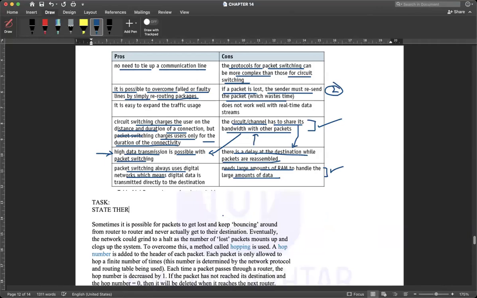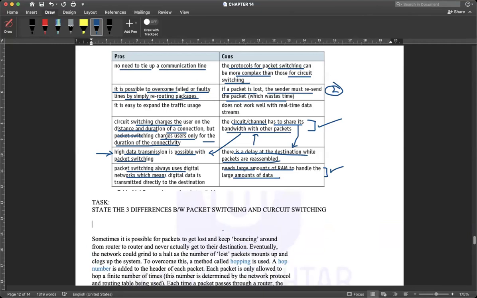State the 3 differences between packet switching and circuit switching. So guys, how you're going to do this task: you need to draw a table like this.